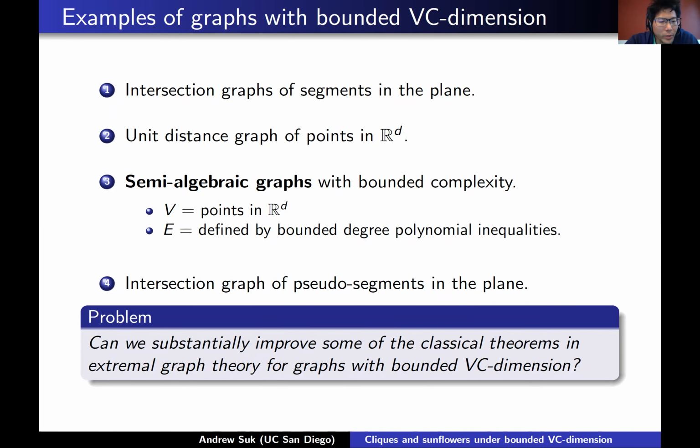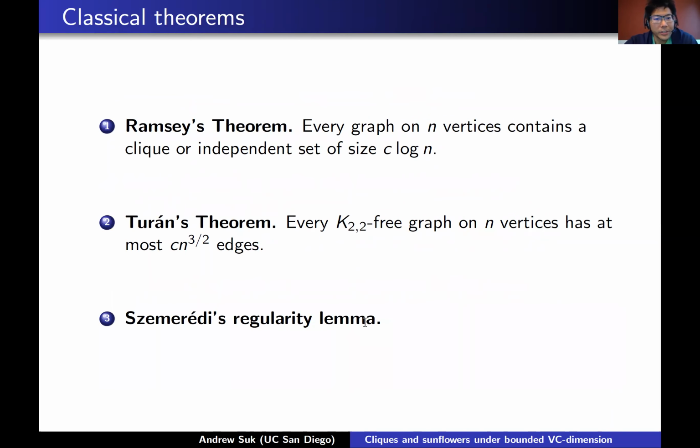So one general question that my co-authors and I have been thinking about the past several years is whether or not we can substantially improve some of the classical theorems in extremal graph theory for graphs with bounded VC dimension. Just to give you some examples, here are three classical theorems from extremal graph theory.